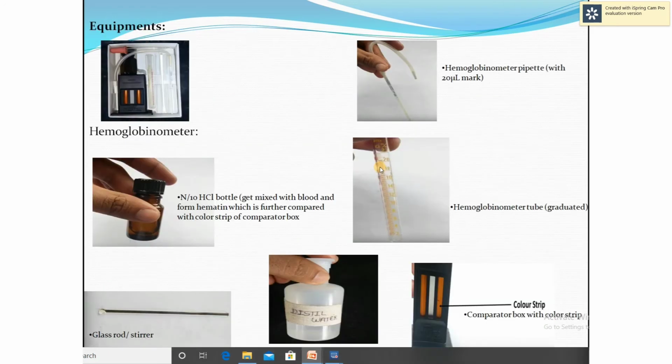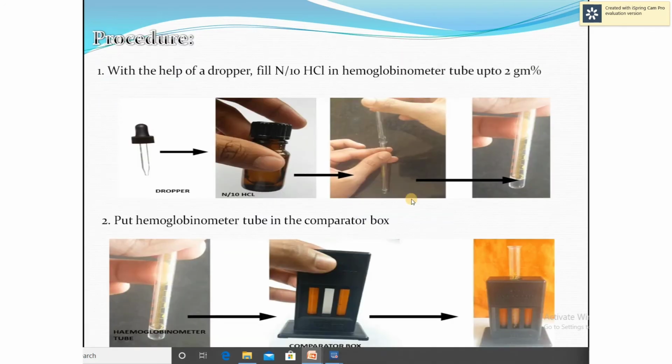As I've told you, this is the hemoglobinometer tube. It is graduated, and you'll have to fill it to 2 gram%. There will be a marking, and you'll have to fill the N/10 HCl to 2 gram%.